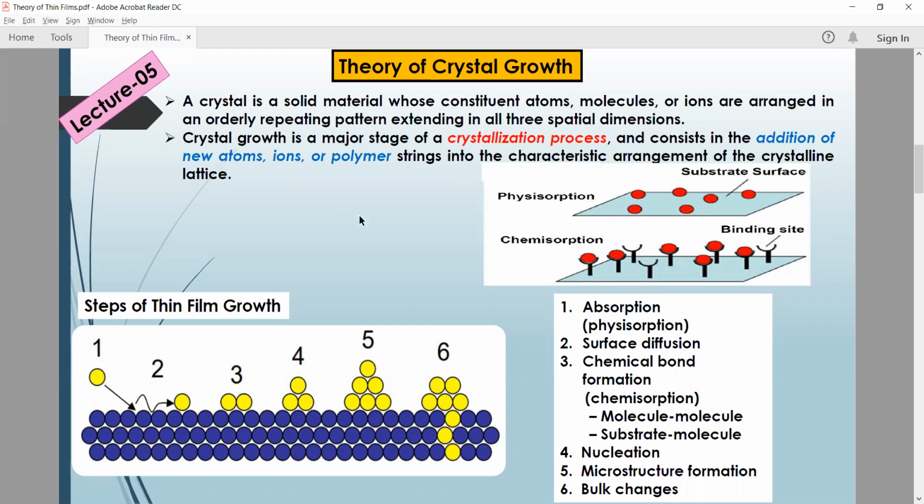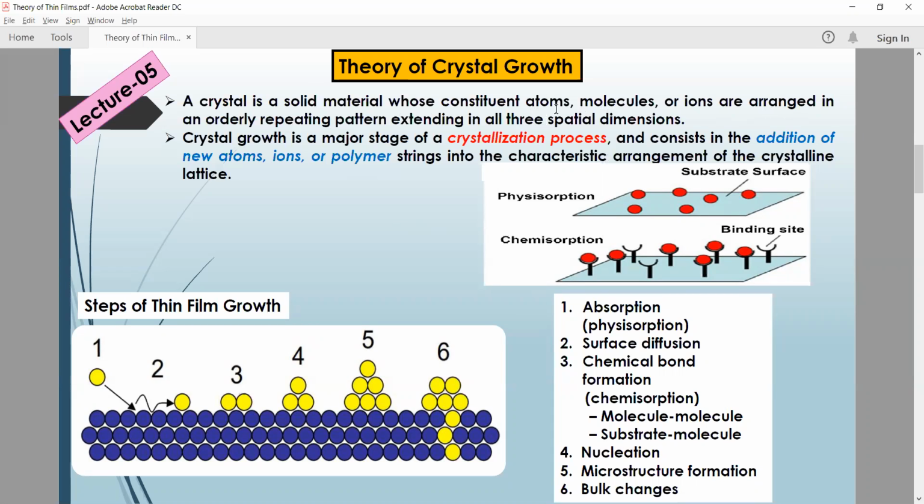Okay, so we are totally aware of what is meant by crystal, and that point we already covered in the subject of solid state physics. Am I right? So the crystal is nothing but a what? The crystal is a solid material whose constituent atoms, molecules or ions are arranged in an orderly repeating pattern extending in all three dimensions.